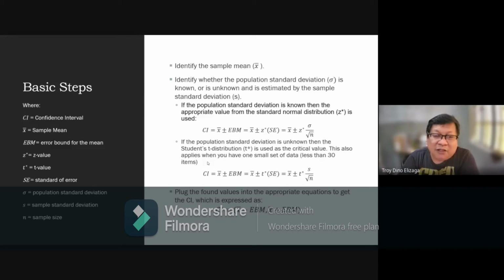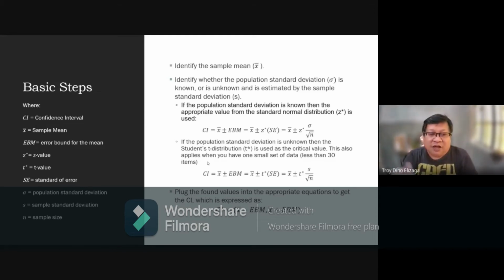Therefore, our formula for the confidence interval is x bar plus minus t value times s over square root of n. Or the sample mean plus and minus the t value times the sample standard deviation over the square root of the sample size.